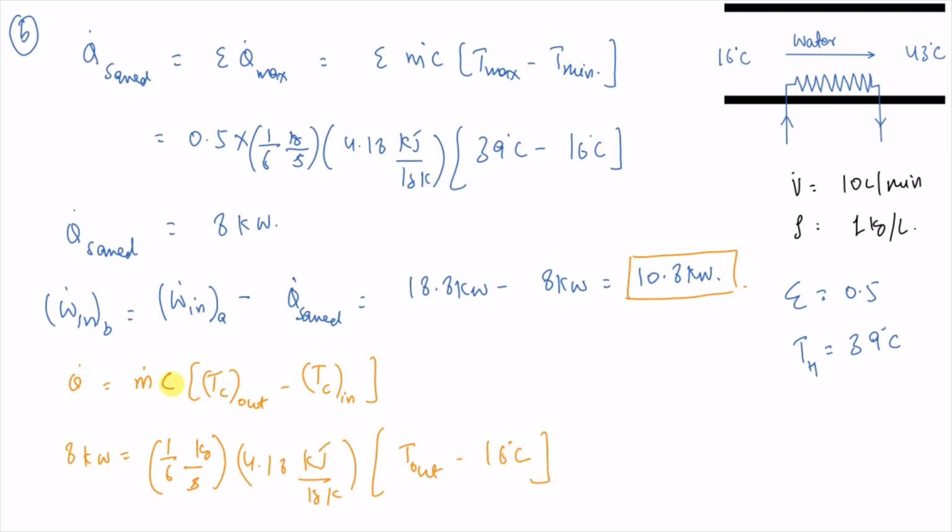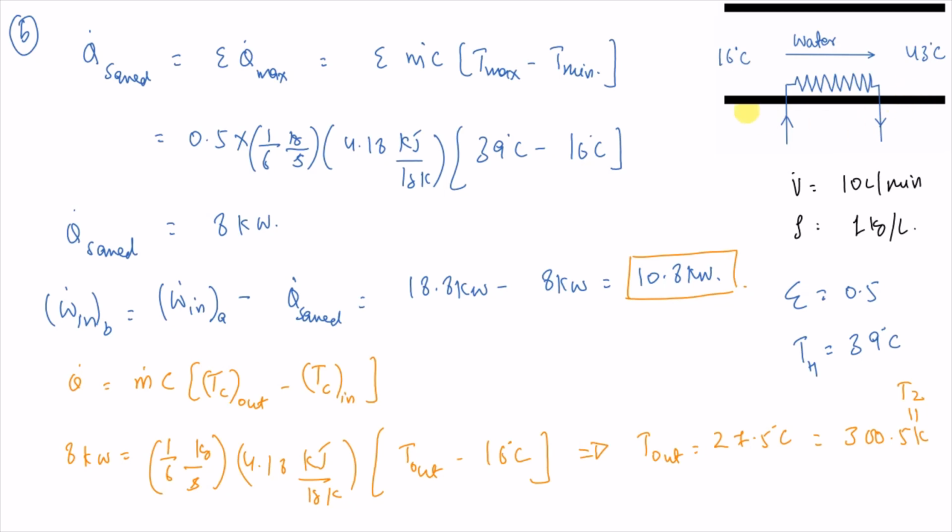We are taking these values in reference to the heat exchanger. So from here, the temperature out from the heat exchanger will be 27.5 degrees Celsius, or if you convert this into Kelvin, we'll get 300.5 Kelvin. Now from here we are giving power to increase its temperature from 27.5 degrees Celsius to 43 degrees Celsius.